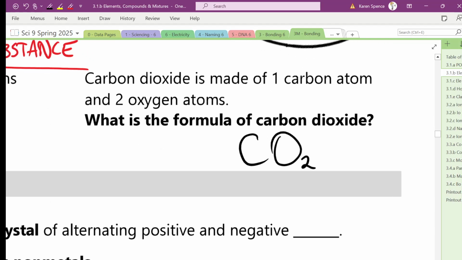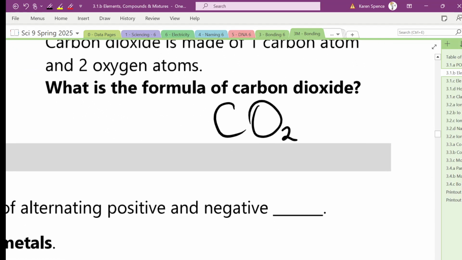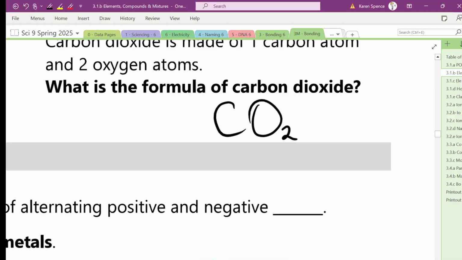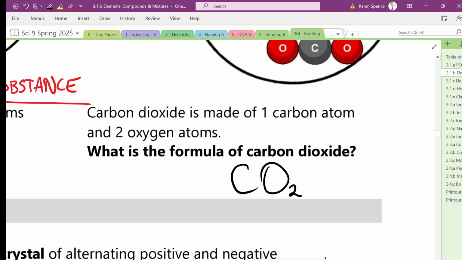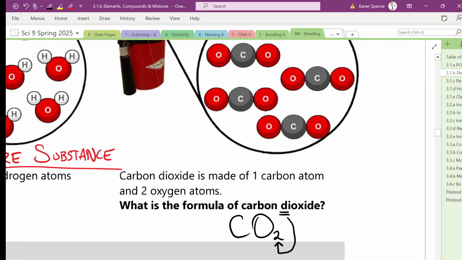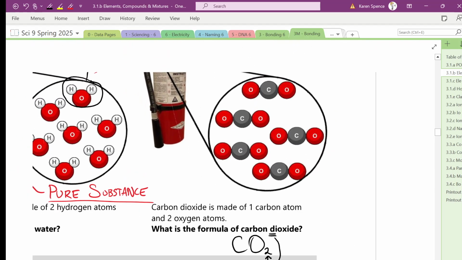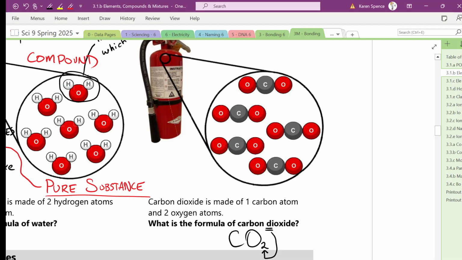Does anyone know the name of CO2? Oh, it's right there. It is carbon dioxide. Why do we have that little di there? Because there are two oxygens. So this substance here, are those molecules?